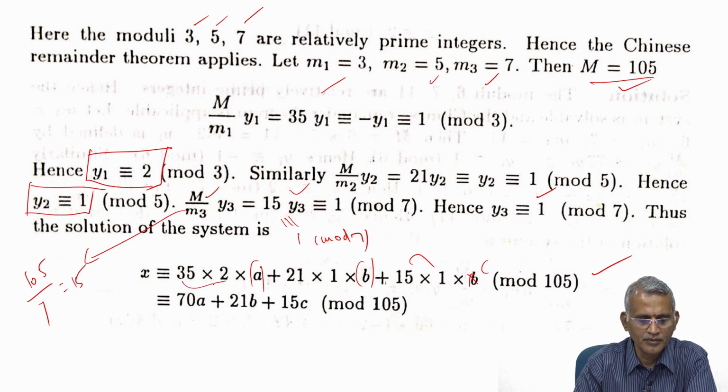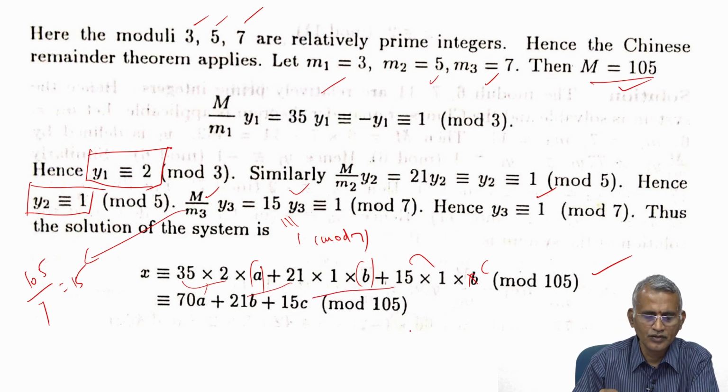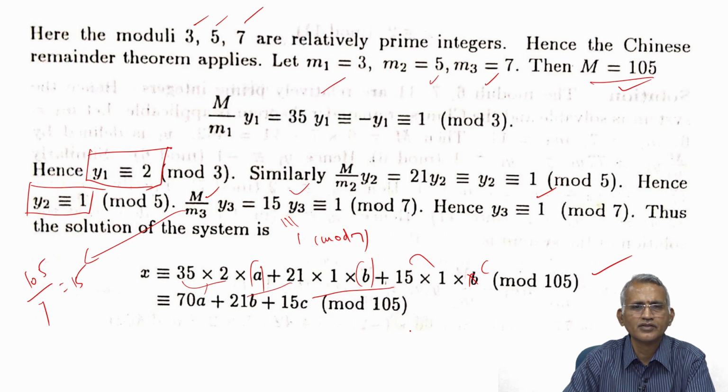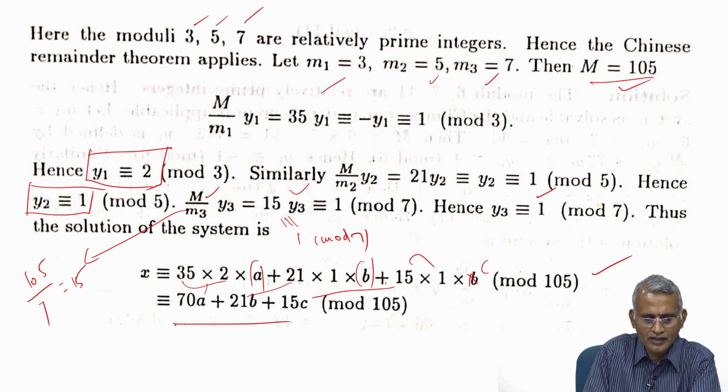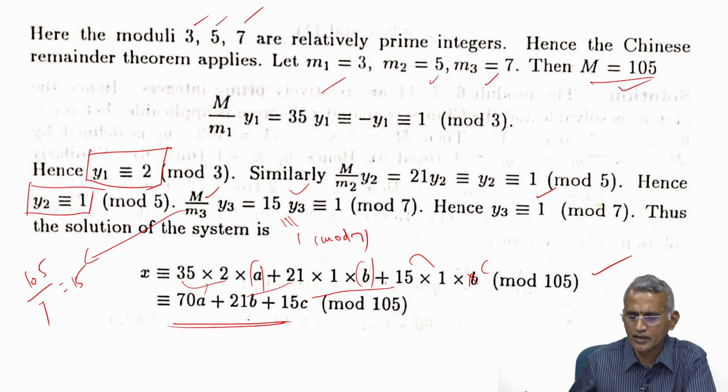Therefore, it becomes 70, 21, 15C under modulo 105. So, we already checked the value of this one in the given problem. So, this way we can write x is identically equal to 70A plus 21B plus 15C under modulo 105. So, this way we can find the solution to the problem.